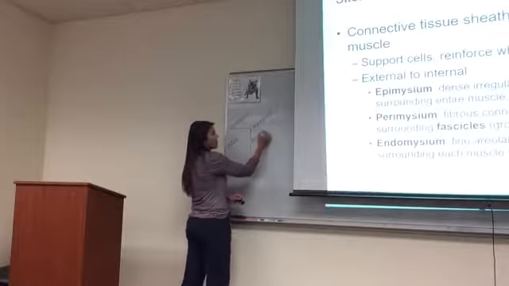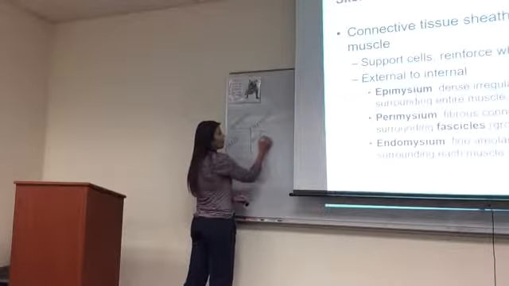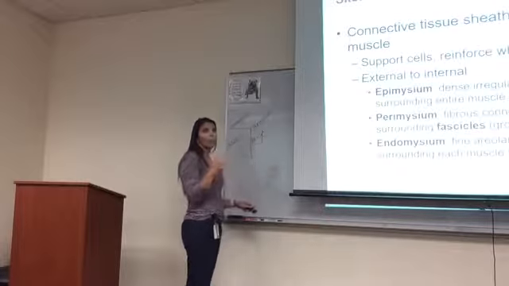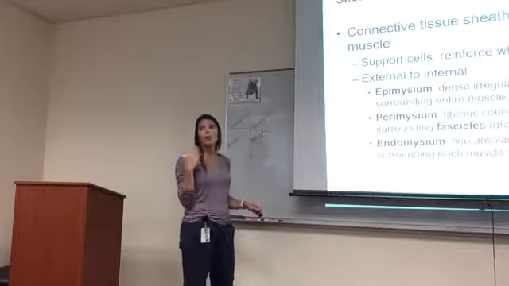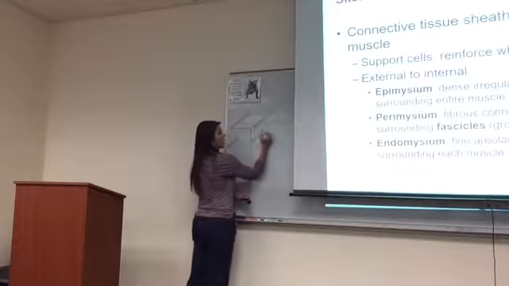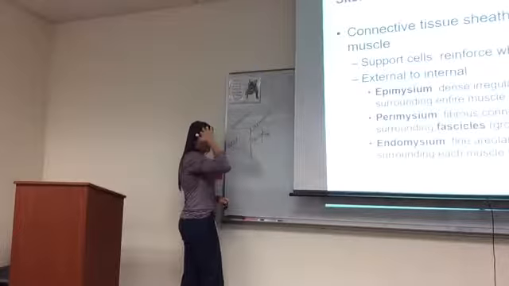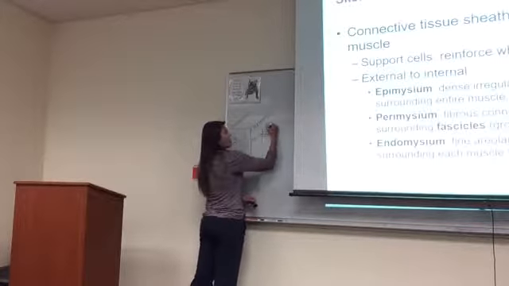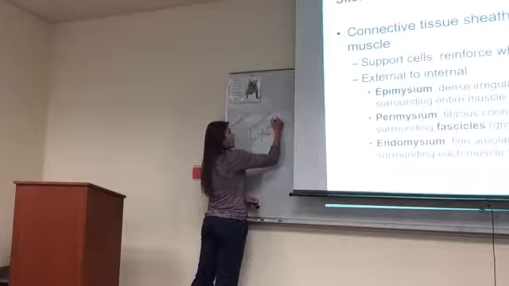Each fascicle is made up of multiple muscle fibers. And remember, because we're talking about skeletal, muscle fiber is technically the cell for the skeletal muscle. So this is a fiber. And there's a diagram on the next slide. I'm just trying to organize the thoughts. And each fiber is encased by the endomysium.